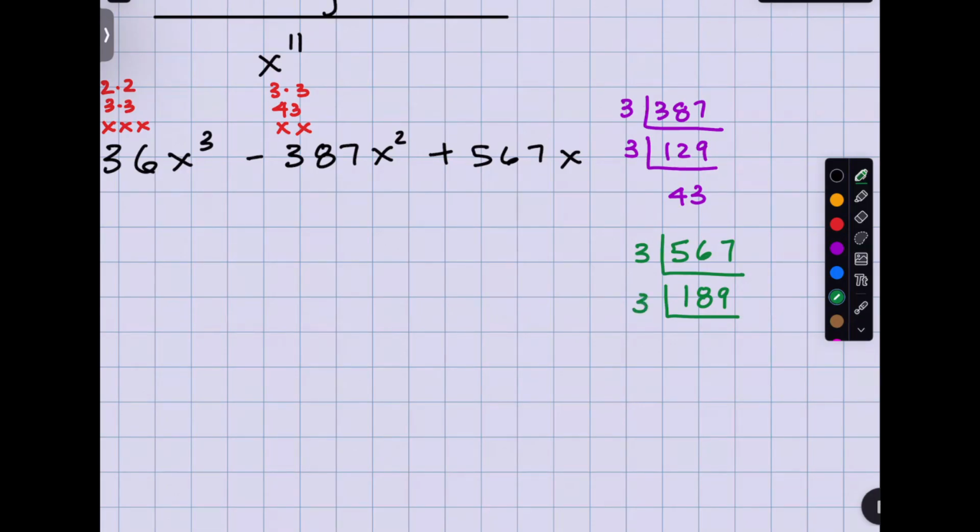How many times? 63. So 3 goes into that as well. How many times? 21. 3 goes into that as well. 7 times. So this is going to be 3 times 3 times 3 times 3 times 7. And then x. So let's see what's in common.